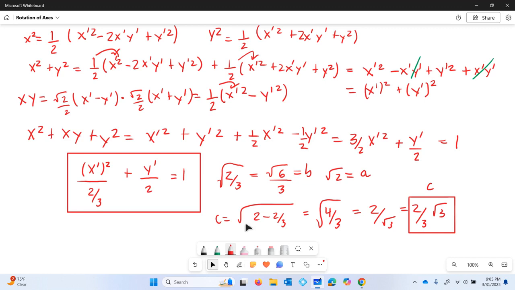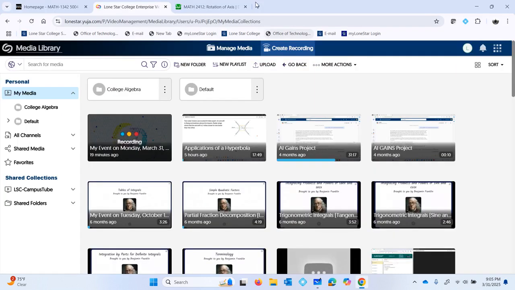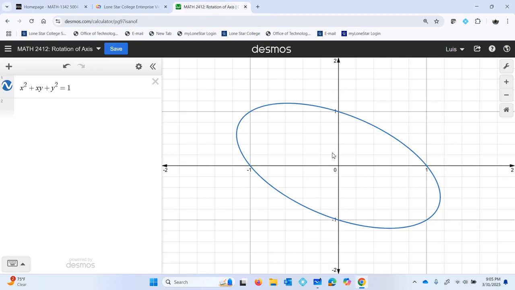But if we go back over here, where we have this right here, we can tell that this definitely is, in fact, an ellipse that was rotated 45 degrees in terms of a vertical ellipse.